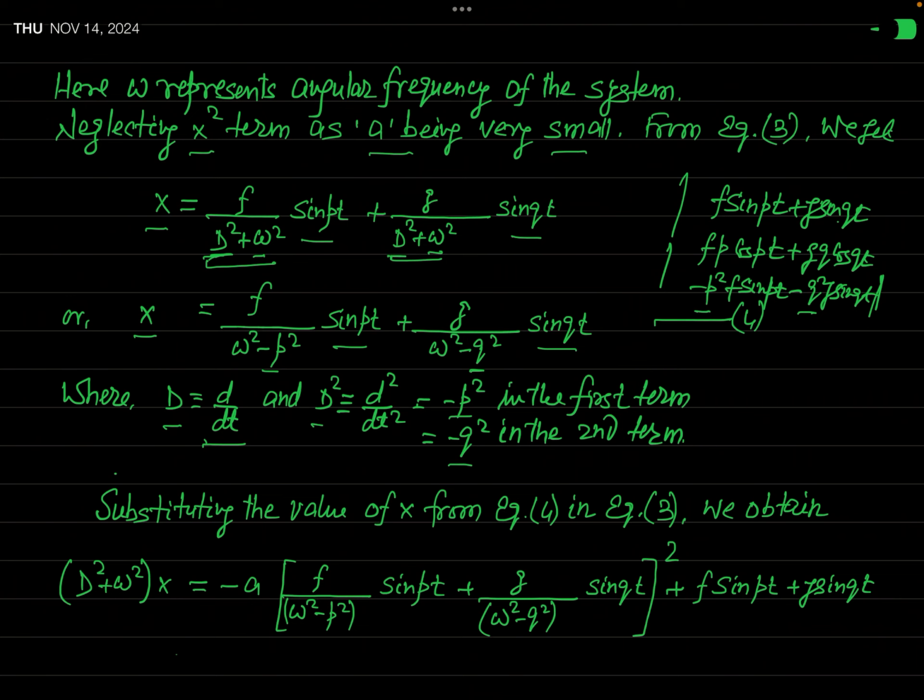So the expression for x is f over (ω² minus p²) times sin pt plus g by (ω² minus q²) sin qt.